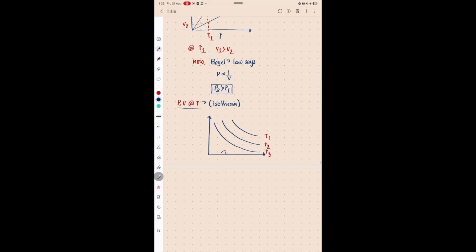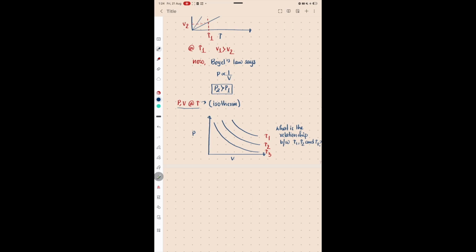And what are the x and y axes? X-axis is my volume and y-axis is my pressure, right? Now from this, can you similarly tell the relationship between T1, T2 and T3?